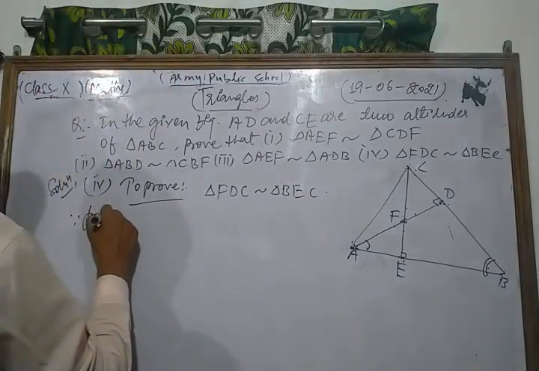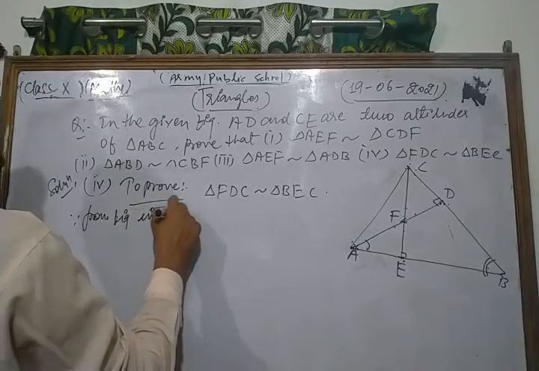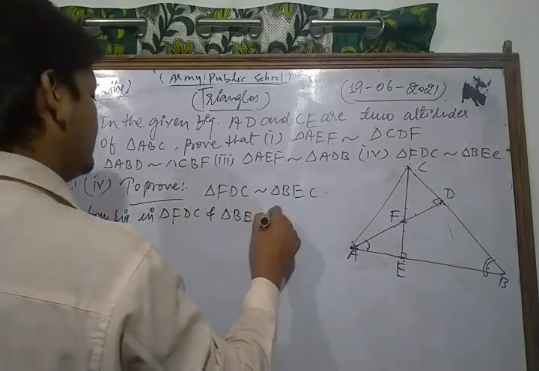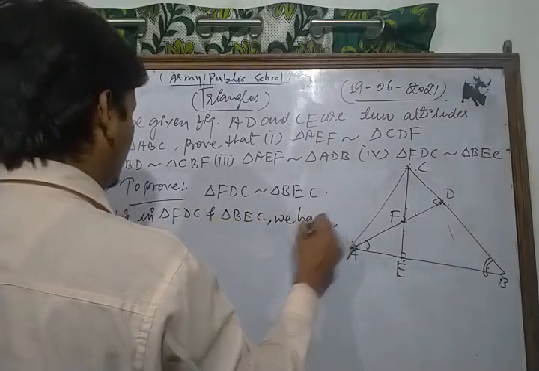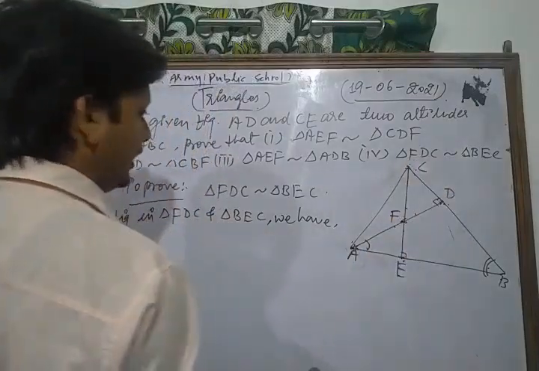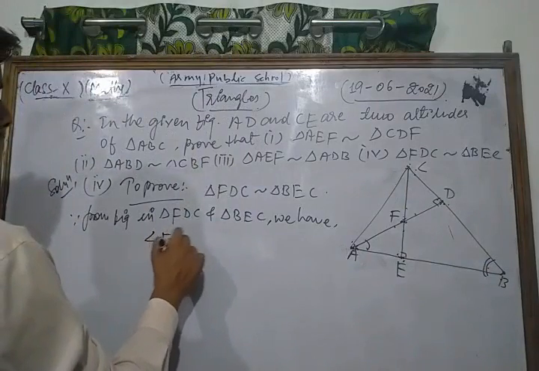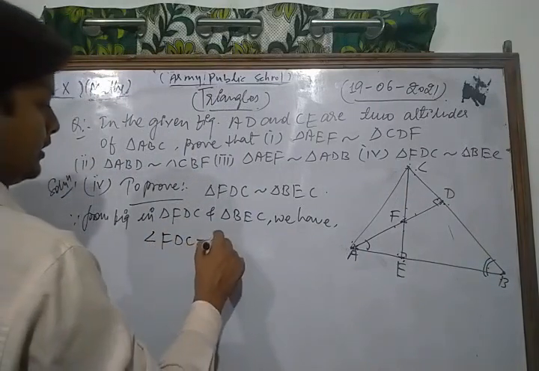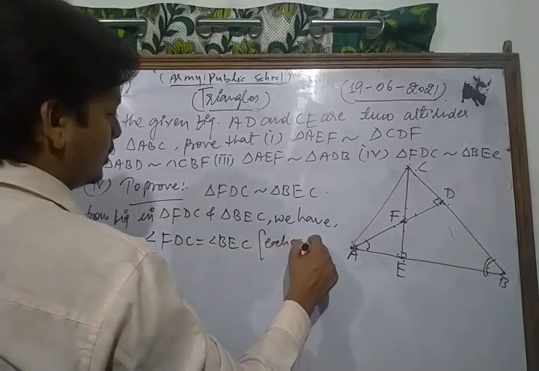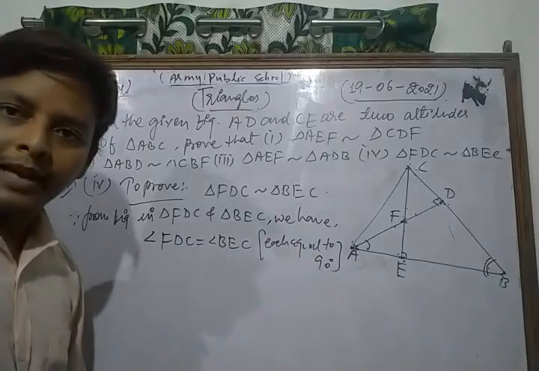Since from the figure, in triangle FDC and triangle BEC we have, look, angle FDC is equal to angle BEC, because each is equal to 90 degrees.